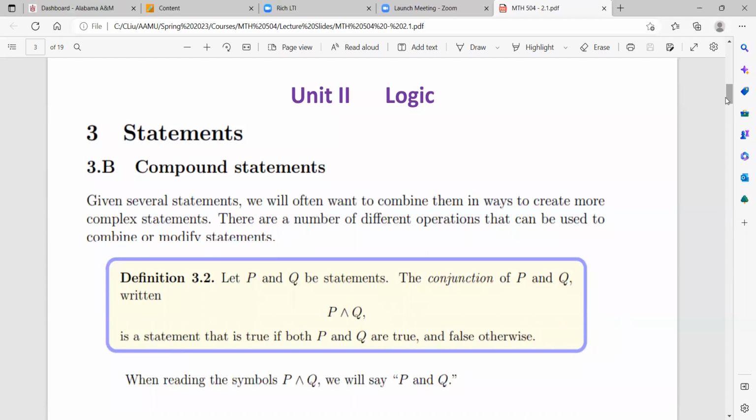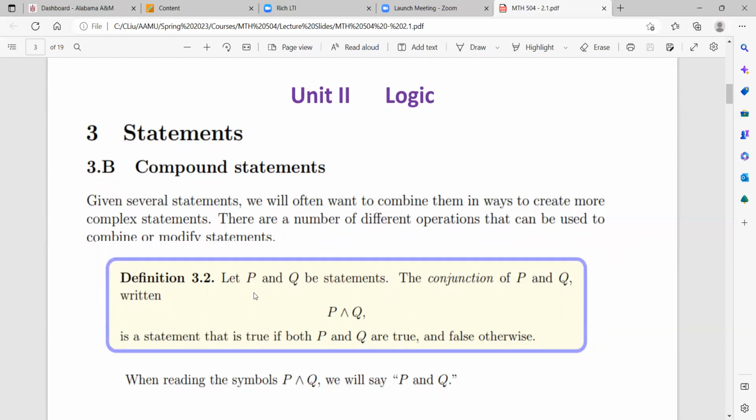Compound statements. We can combine several statements to create more complex statements. And there are a number of different operations that can be used to combine and modify statements. We'll just talk about them one by one. So the first thing is called a conjunction.